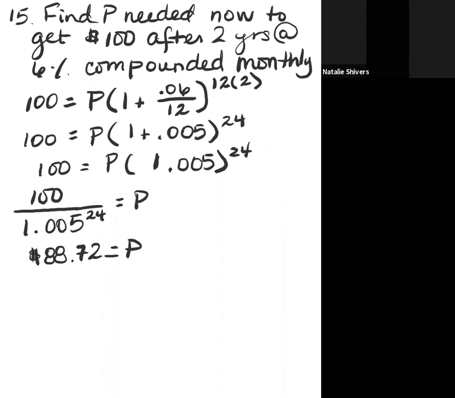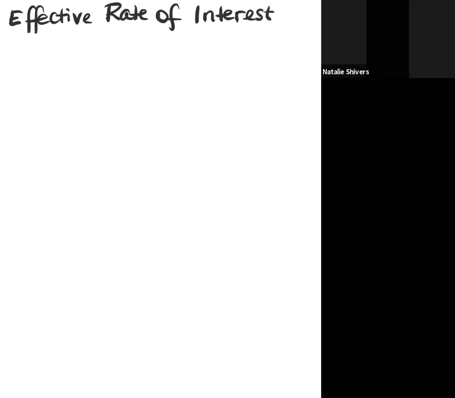Okay. 2 other types of problems you're going to see for 6-7 are for effective rates of interest. So we have one for n times a year. Okay, it's written like this.